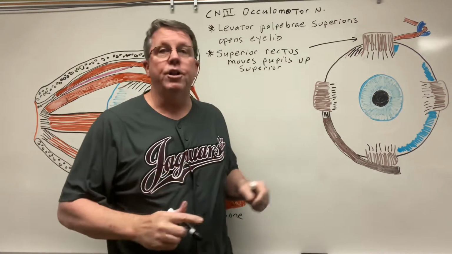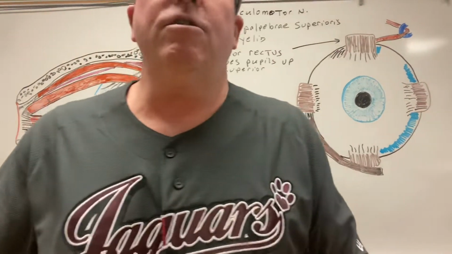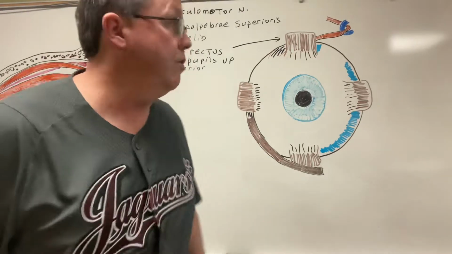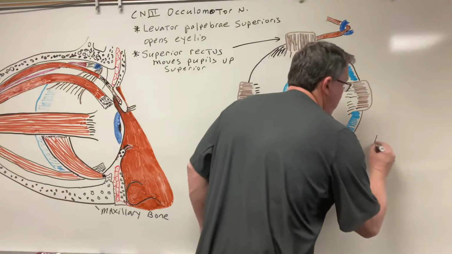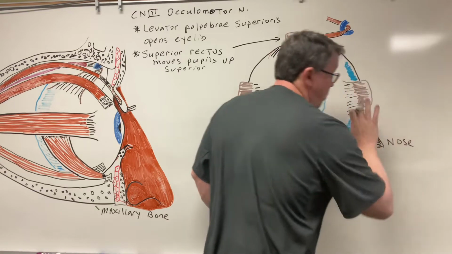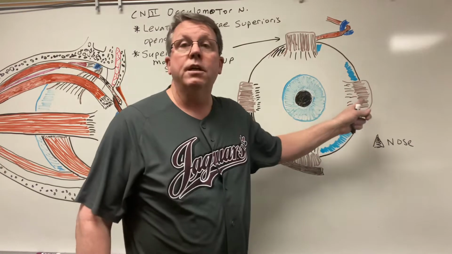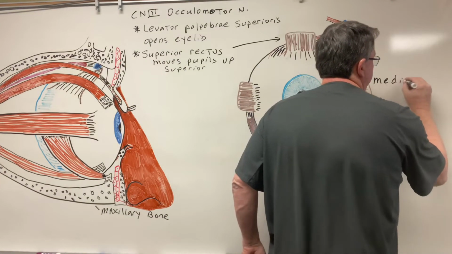Now, the next one we're going to do, I don't have drawn over here, but I do have drawn over here, and that's going to be this muscle that you see right here. Now, remember, I said the nose would be over in here. So this is medial. So this muscle is called the medial rectus.